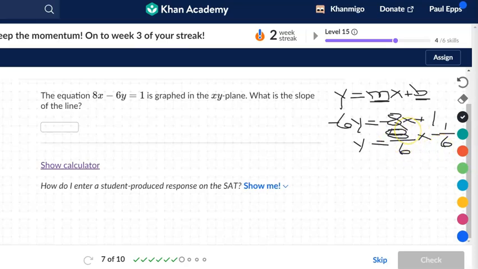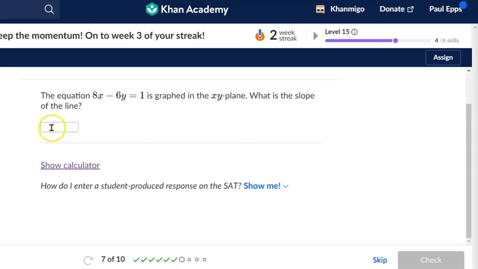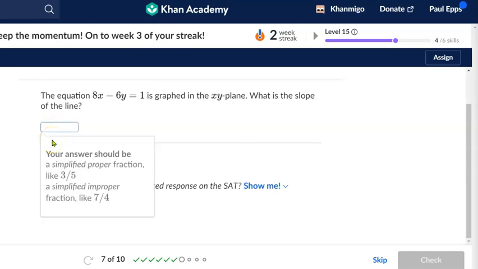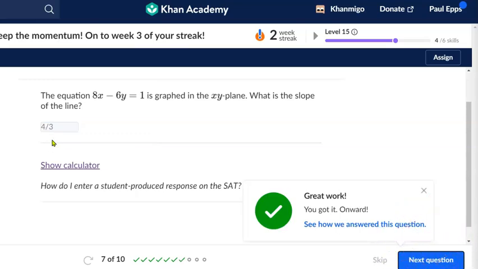So that's the slope, 8 over 6. And it would probably be nice if we just reduced it to 4 over 3. So let's try that. 4 over 3. All right.